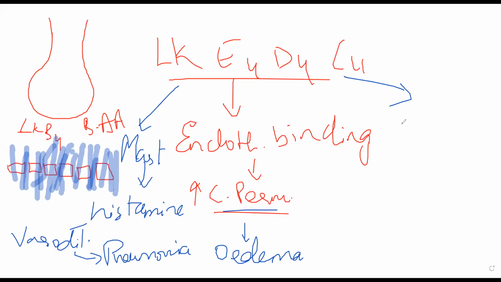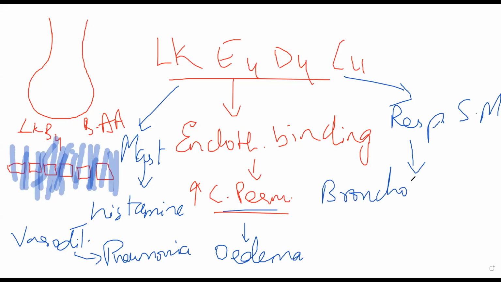So what are these doing? They go and bind to respiratory smooth muscles. Respiratory smooth muscles will contract, and essentially they will undergo spasm, bronchospasm. As they are undergoing bronchospasm, the patient will have shortness of breath. The patient will not be able to breathe properly.